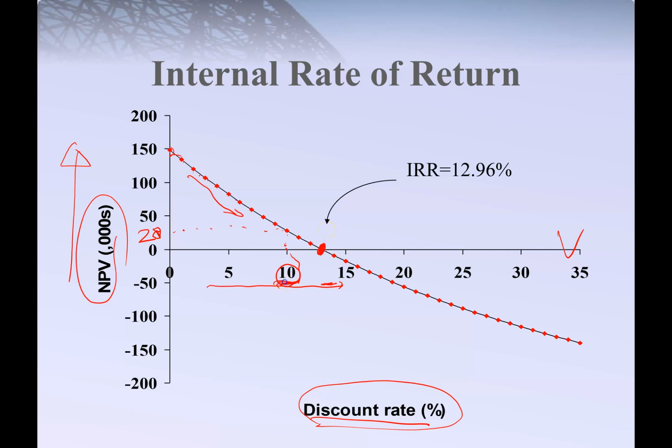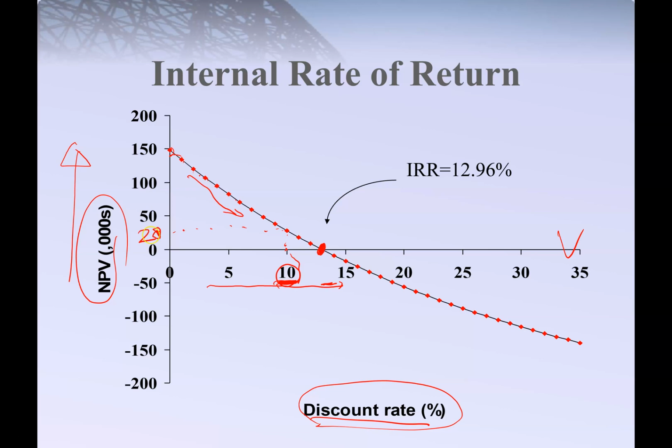So when the discount rate, the market opportunity cost of capital, is less than the internal rate of return, any project that has a positive NPV has an internal rate of return that is greater than the discount rate.